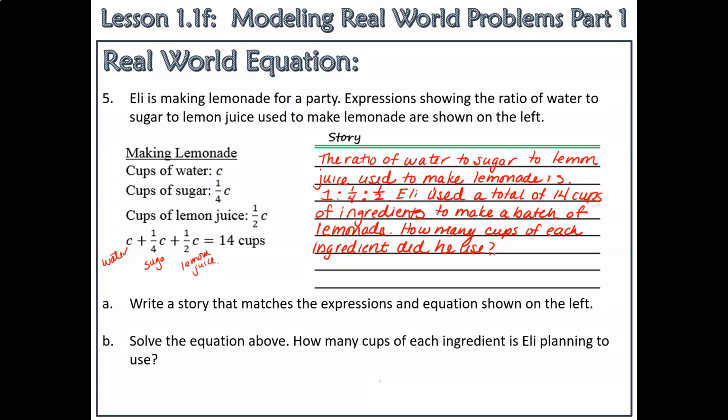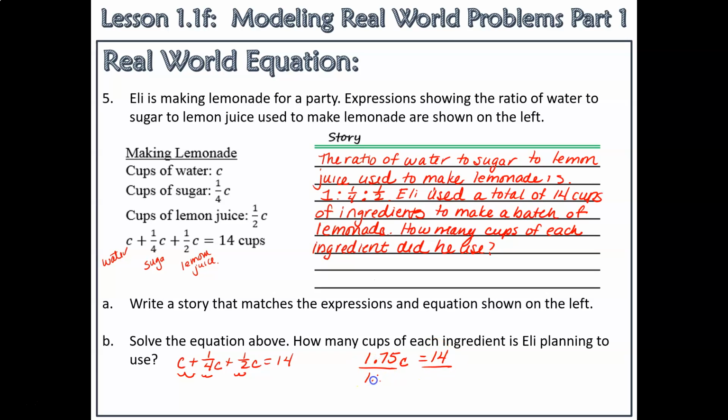All right, so let's write an equation. Well, they already gave us the equation, so let's just rewrite it. C plus 1/4 C plus 1/2 C equals 14. So if we add up all the C's, 1, 1/4, and 1/2, we have 1 3/4 or 1 75/100 C equals 14.